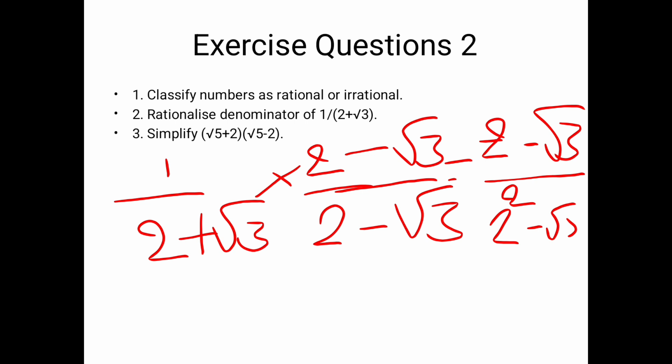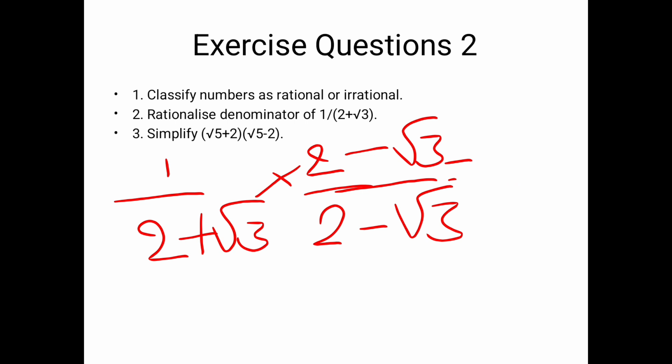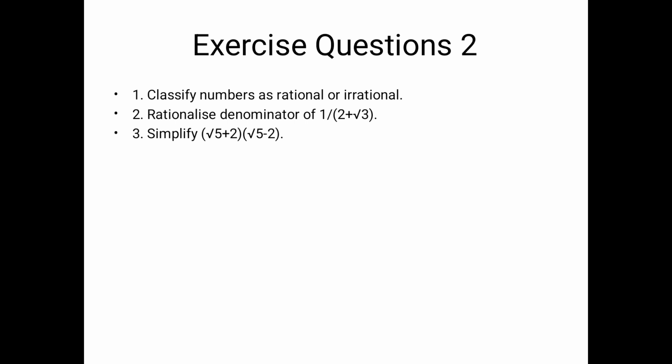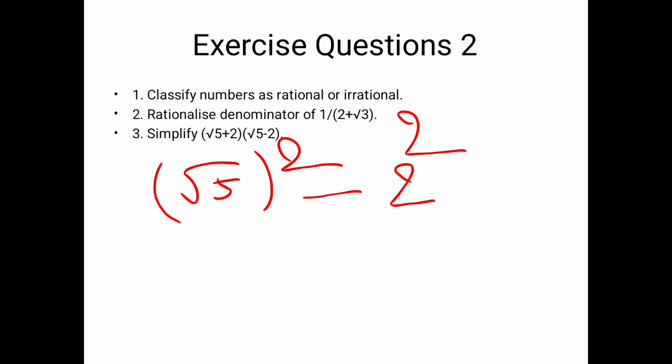This third question is also in the form of a plus b and a minus b. a plus b into a minus b is a square minus b square, that is, root 5 whole square minus 2 square, which is equal to 5 minus 4, which is equal to 1.